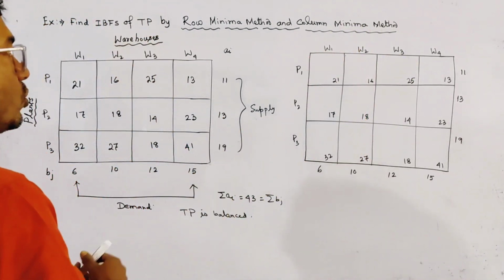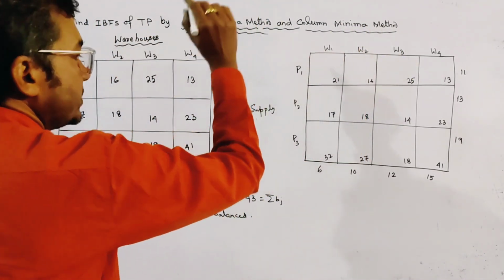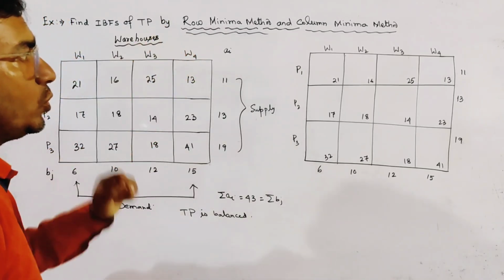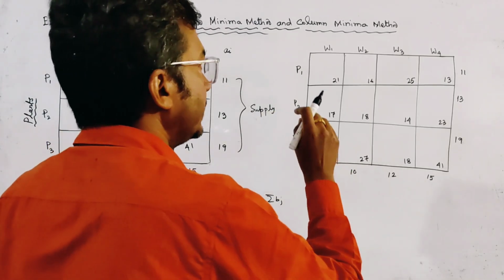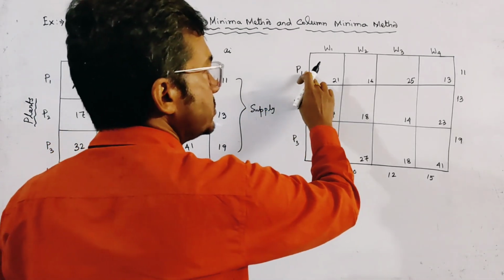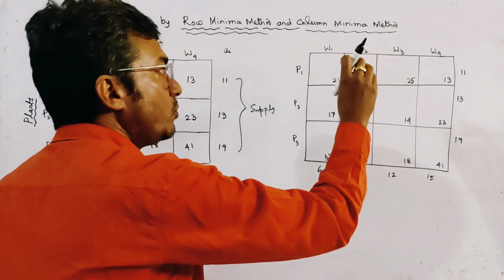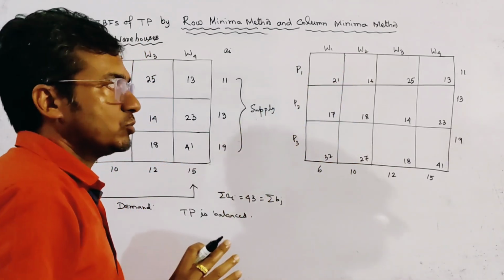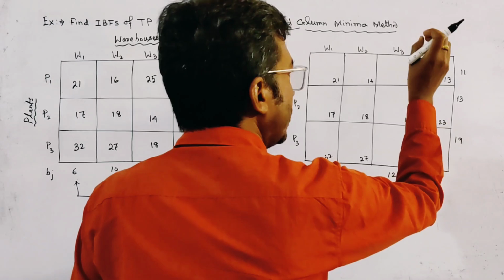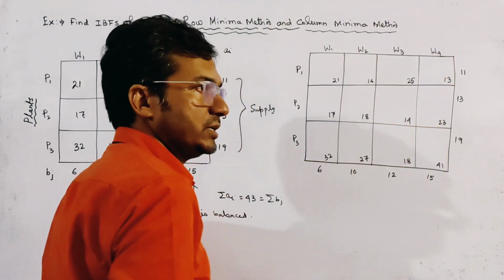Now to use the row minimum method first, in this method we have to find the first row, that is the P1 row, and find the minimum cost of the first row. The minimum cost of the first row is 13, so we have to allocate in this cell first.